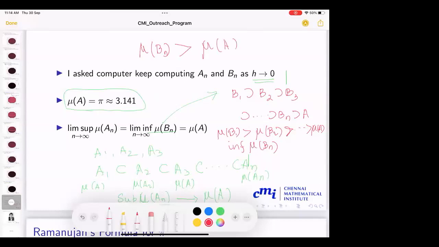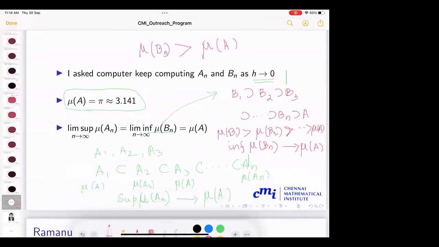So all I'm asking is that I'll just look for the lowest of the Bn area, and that guy is going to converge to the mu of A. And that is exactly what is happening. And that is where the limit from above and limit from below, that concept, is coming up.